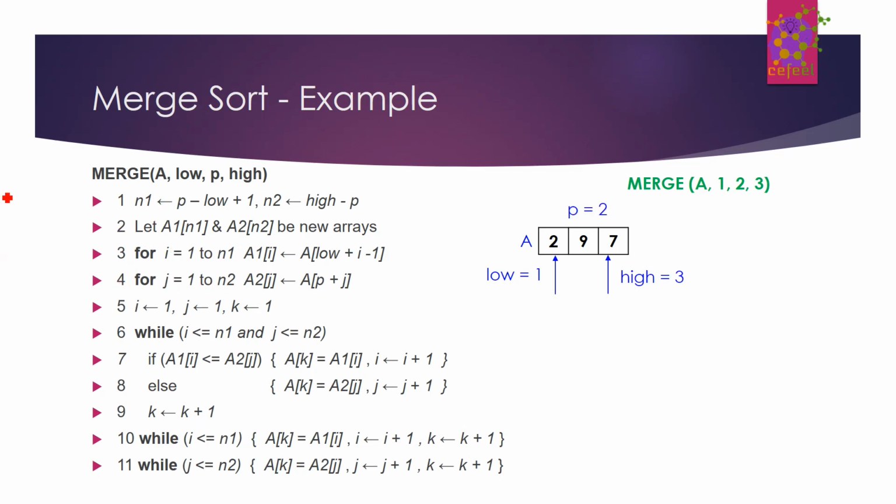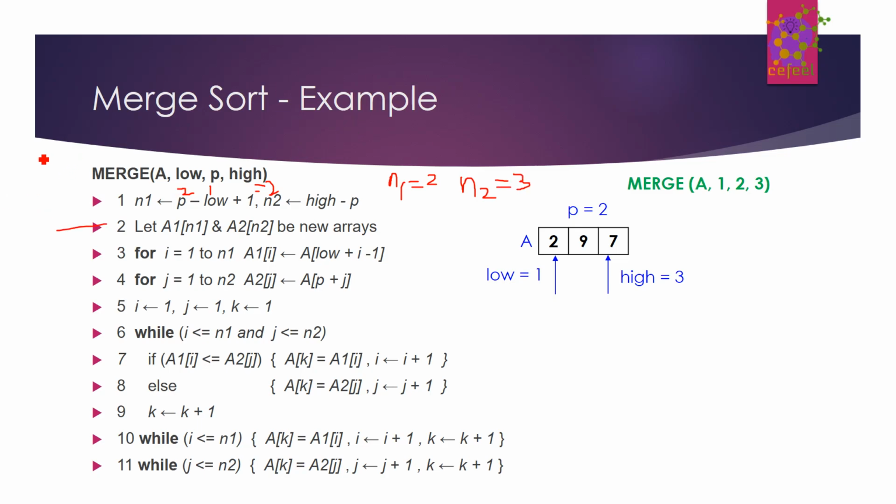So which means the first array here, n1, is p minus low plus 1. So it's 2 minus 1 plus 1, which is 2. So n1 is of size 2, but n2 is of size 1. So n1 equals 2 and n2 equals 1, which means the left part of the subarray has 2 elements and the right part has 1 element.